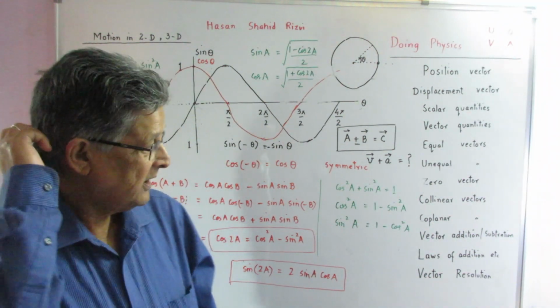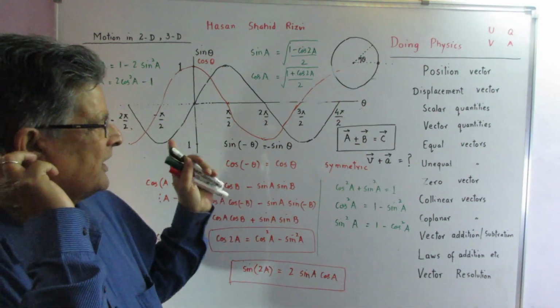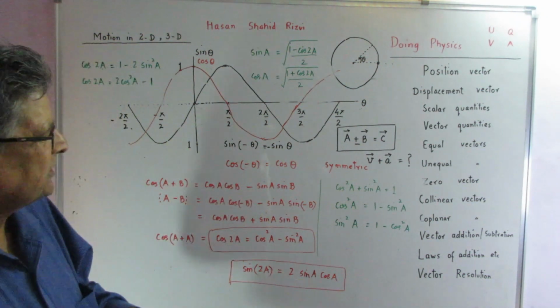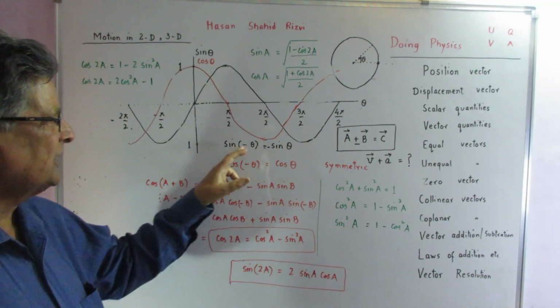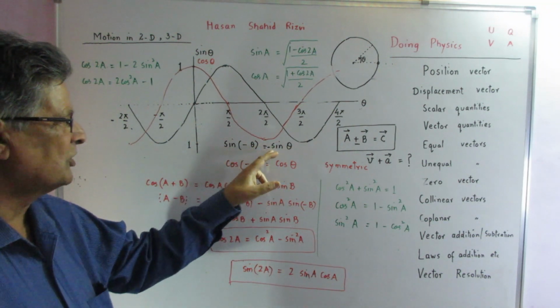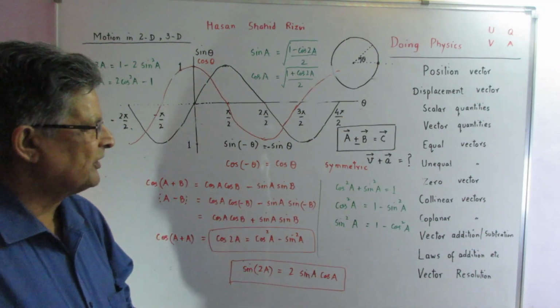Hope you enjoyed. And these very small things about sine theta and cosine theta, particularly cos of minus theta is equal to cos theta, and sine of minus theta is equal to minus sine theta, a symmetric function and an asymmetric function.